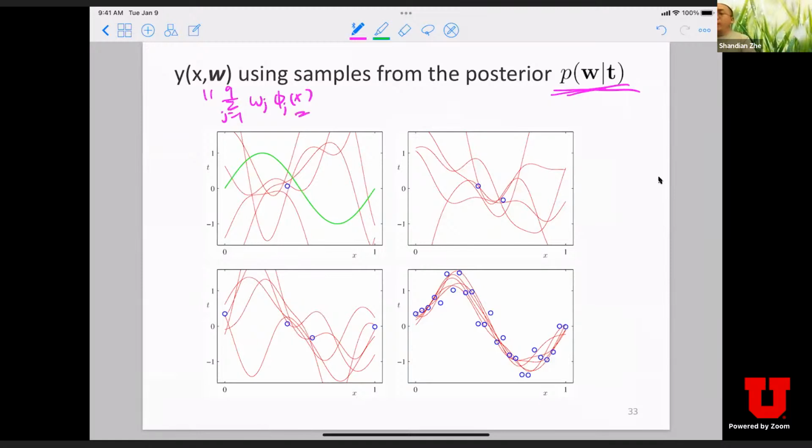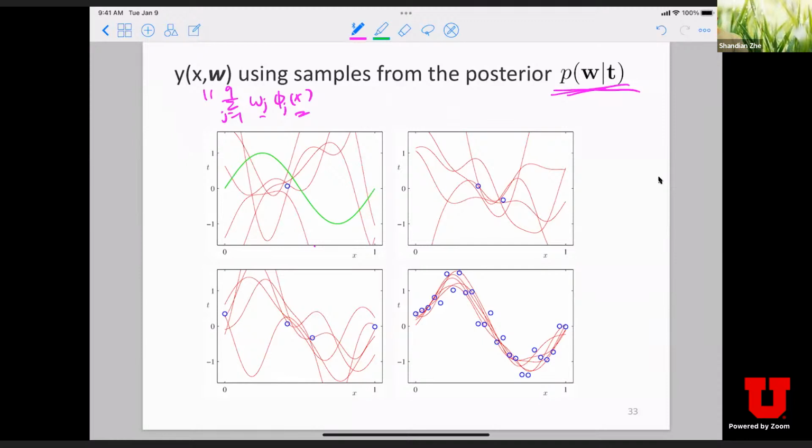And because the posterior of W, given only one data point, is still wide, the sampled W will be scattered, and the corresponding curves are kind of wild.